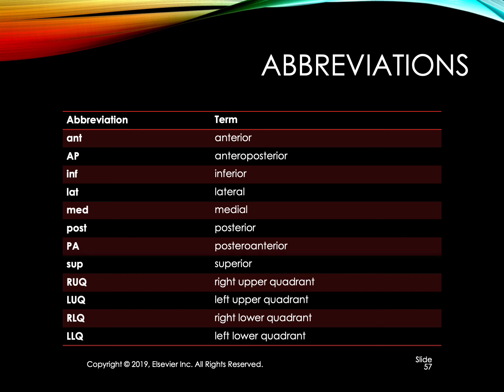Now, the book does briefly mention some positions, and if you're in your textbook, that's on page 39. It talks about the Fowler's position, which is kind of a semi-sitting position. A lot of times we'll refer to this as the beach chair position. So if you can think of someone or yourself lounging in a beach chair, not completely sitting upright, but kind of lounging back, that would be the Fowler's position.